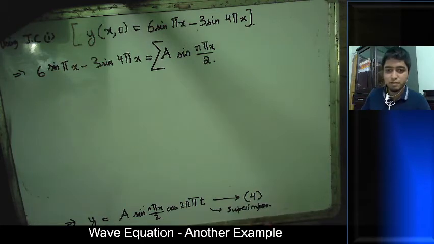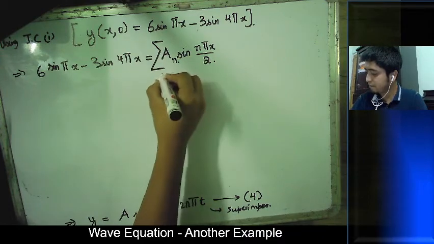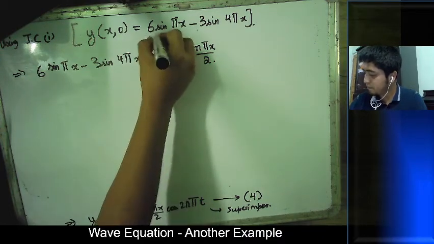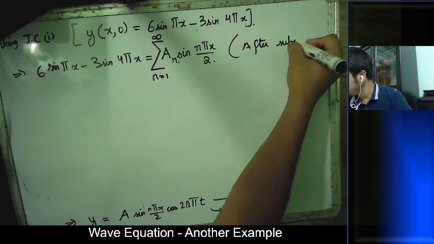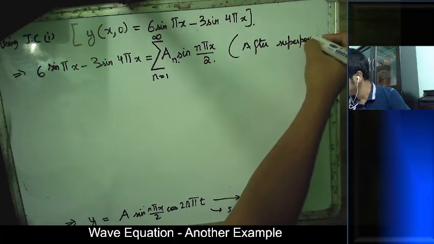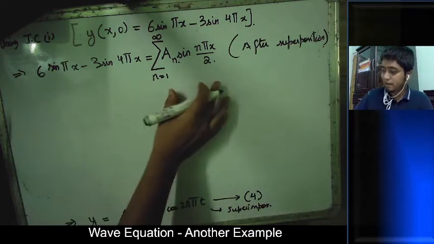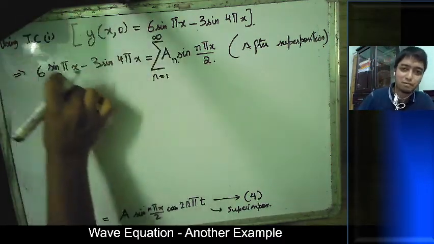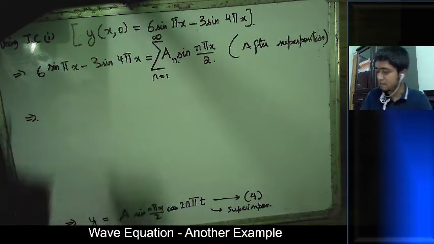After superimposing, then you will be having this. This one is after superposition. So now that we are having this, we will calculate an by using Fourier series.